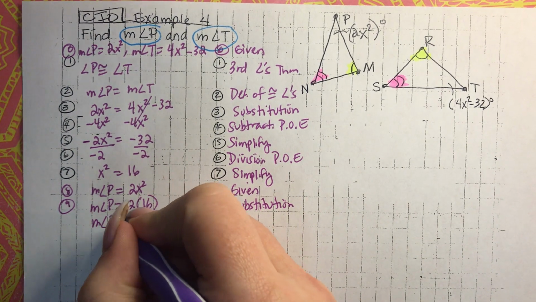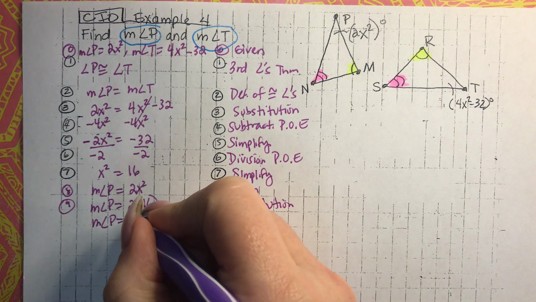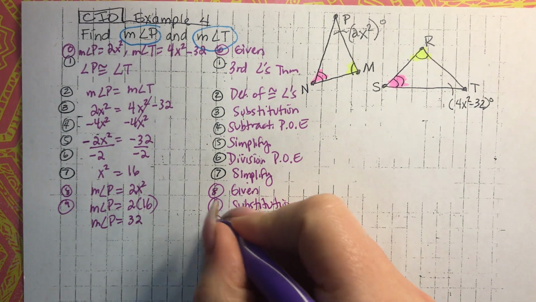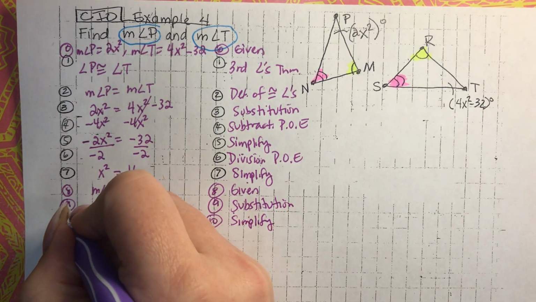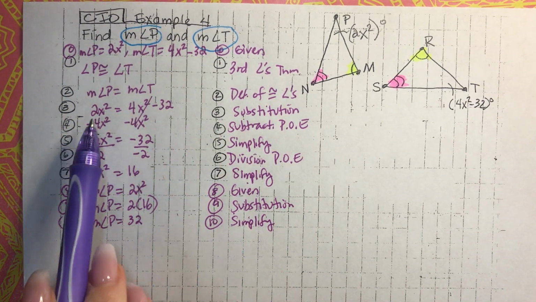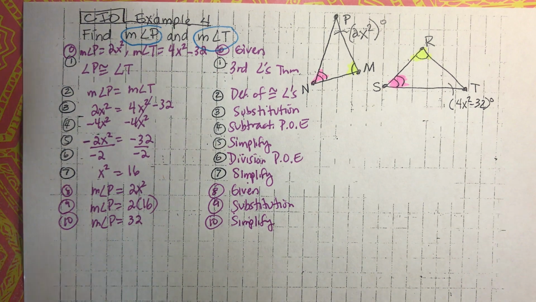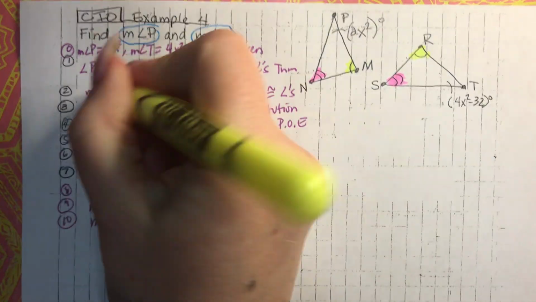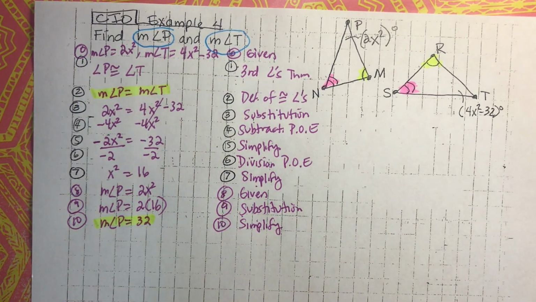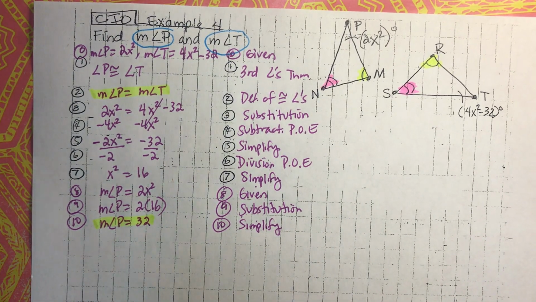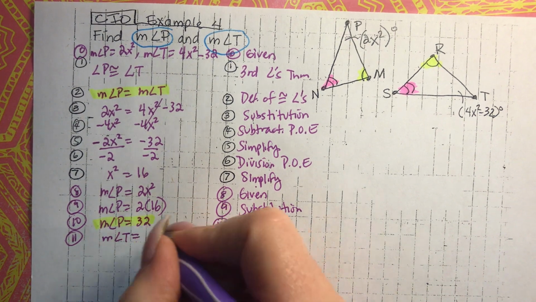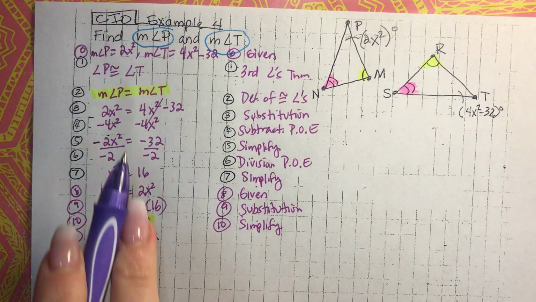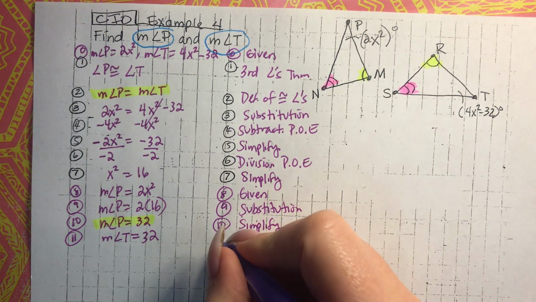Measure of angle P equals 2 times 16 is 32. So that is simplifying. And then we know from up here that those two things are equal. So if you take this statement here and this statement here, we can say that the measure of angle T is also equal to 32, and that's that transitive property of equality.